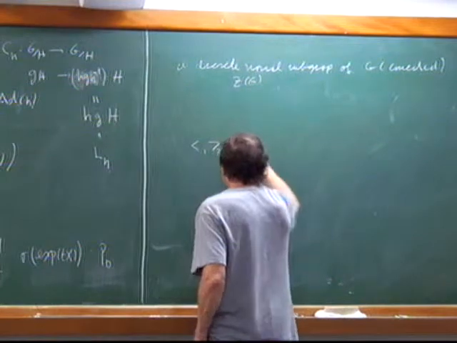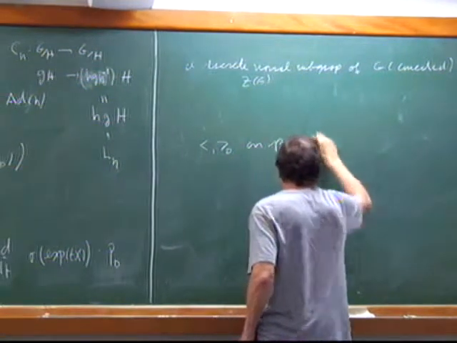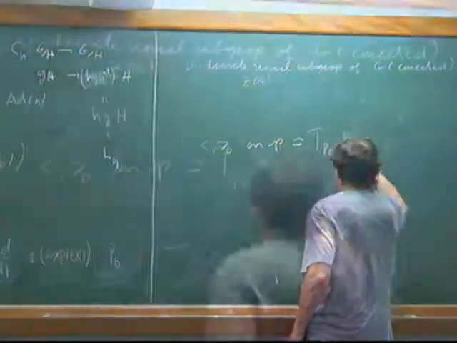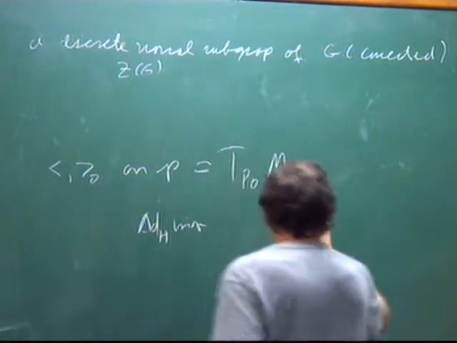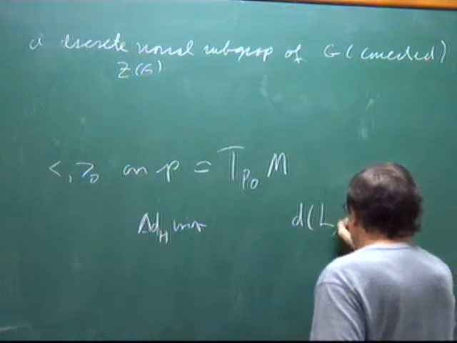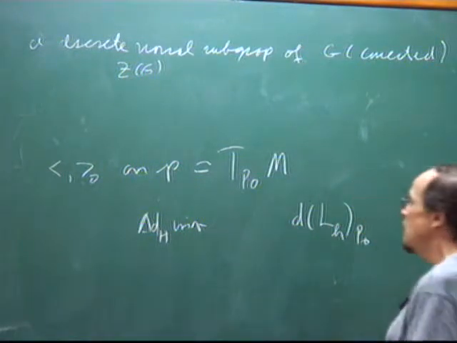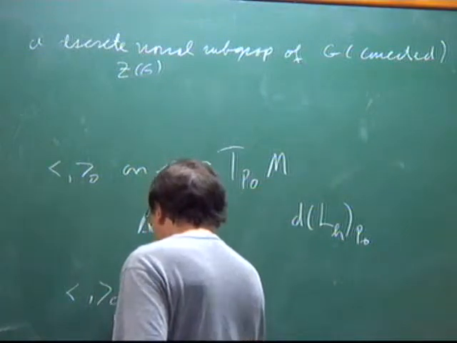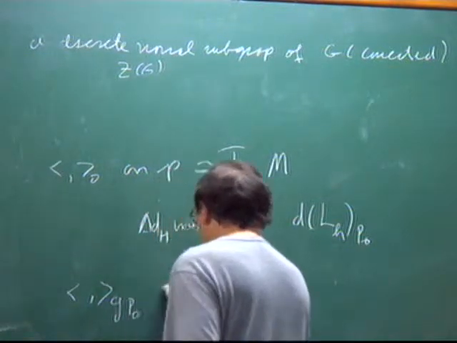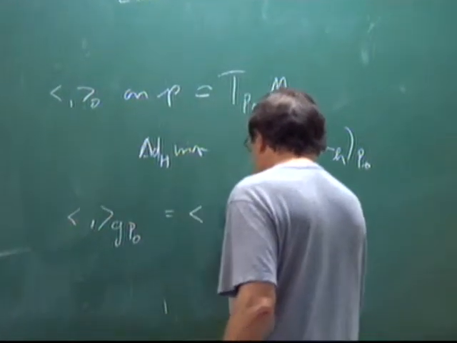So this inner product on P, which we identify with the tangent space at p naught. Here it's Ad H invariant. Here it's invariant under the left translations. And then I define the metric at any other point on the manifold by using left translations.